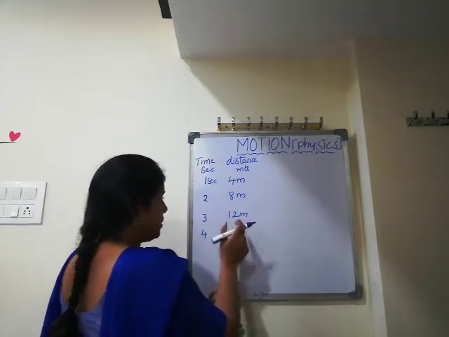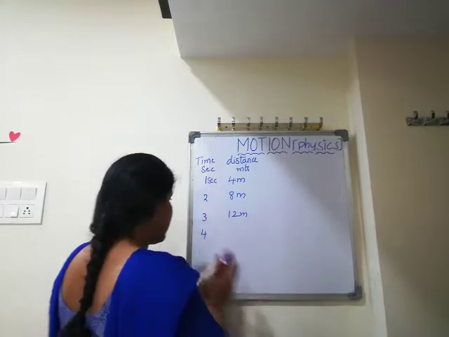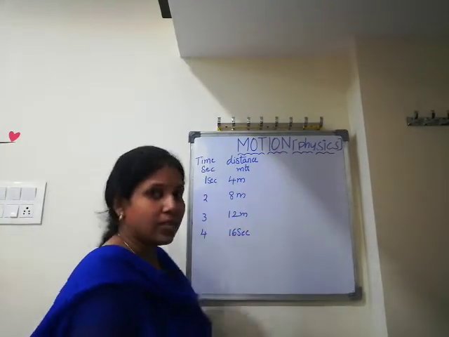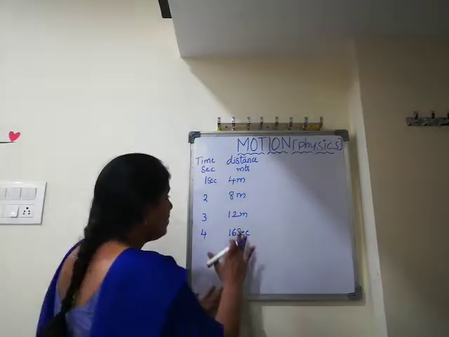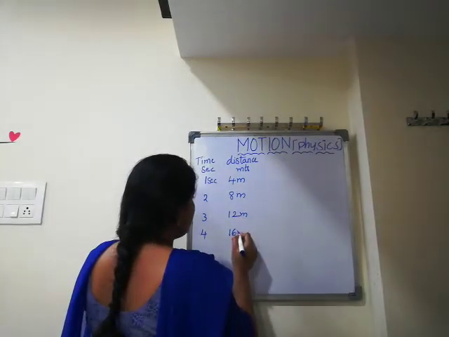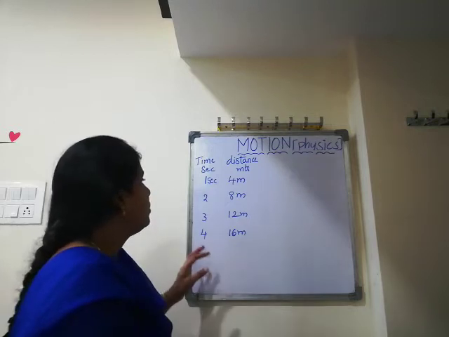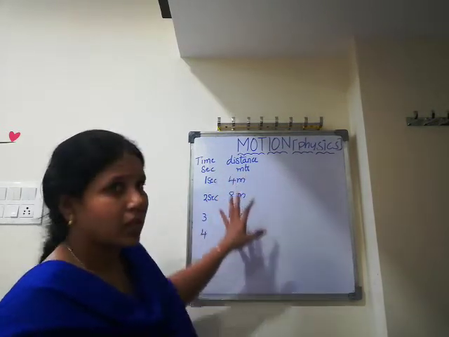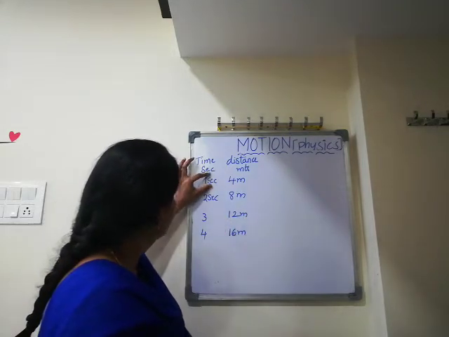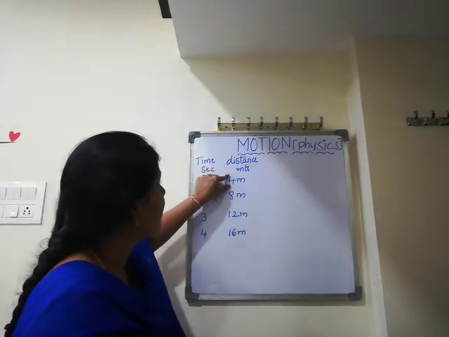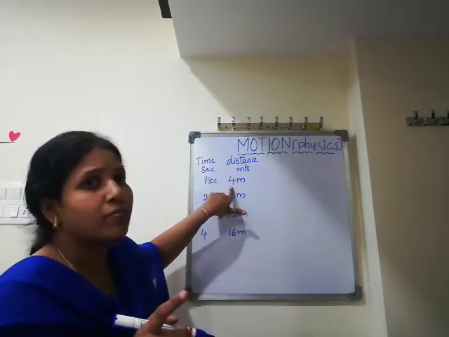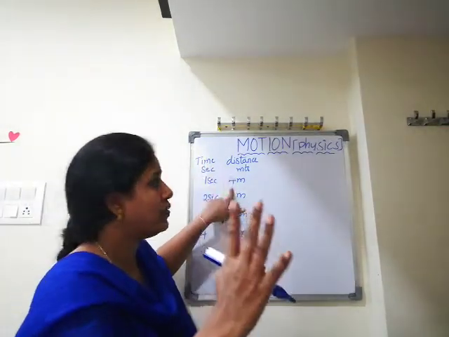At the third second, the distance travelled by the object is 12 meters, and at the fourth second, the distance travelled is 16 meters. So if you observe, in the first second the distance travelled by that object is how much? 4 meters.